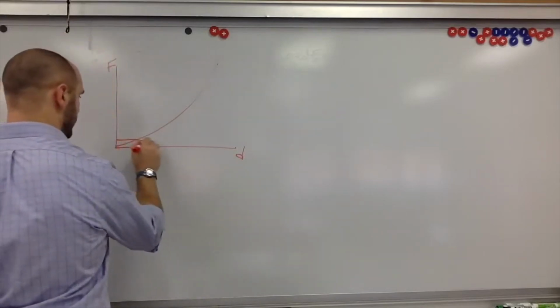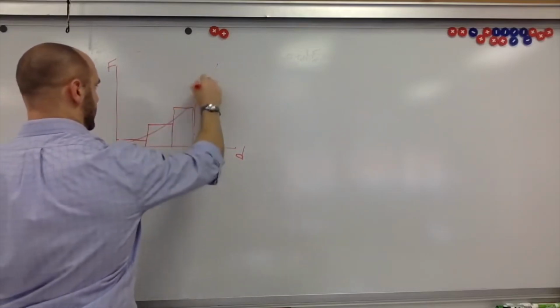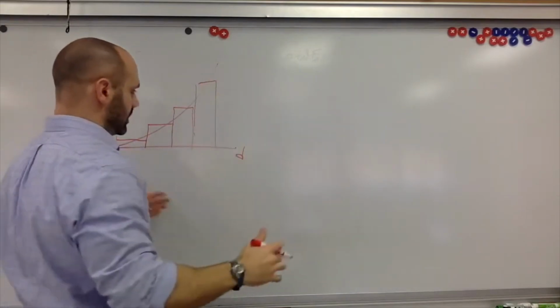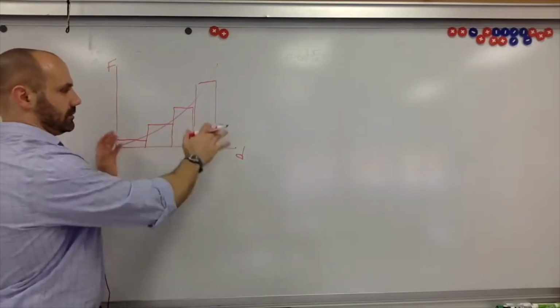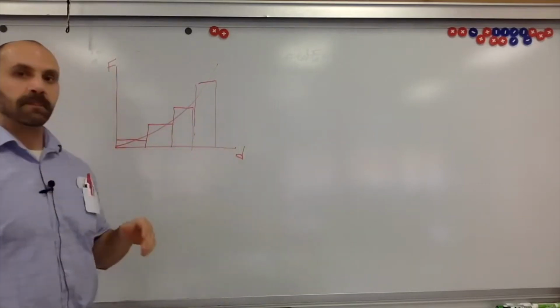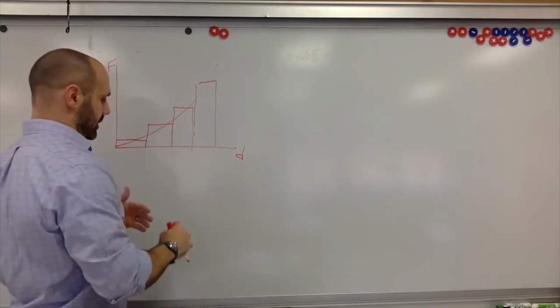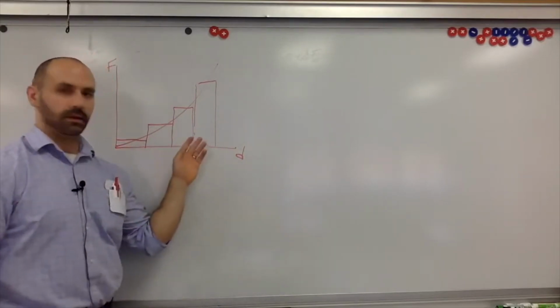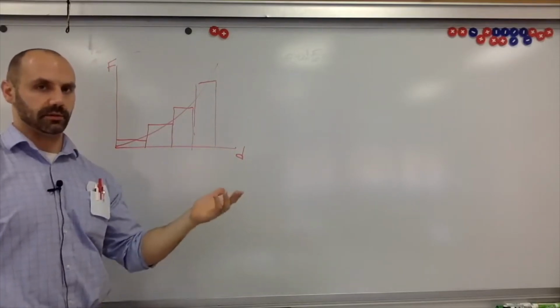If I can draw rectangles kind of like this, and then I find the area of the rectangles, that'll work, right? But how many rectangles do I draw? And how wide are the rectangles, that kind of thing. It becomes apparent pretty quickly that the thinner I make these rectangles, the better the approximation is going to be.